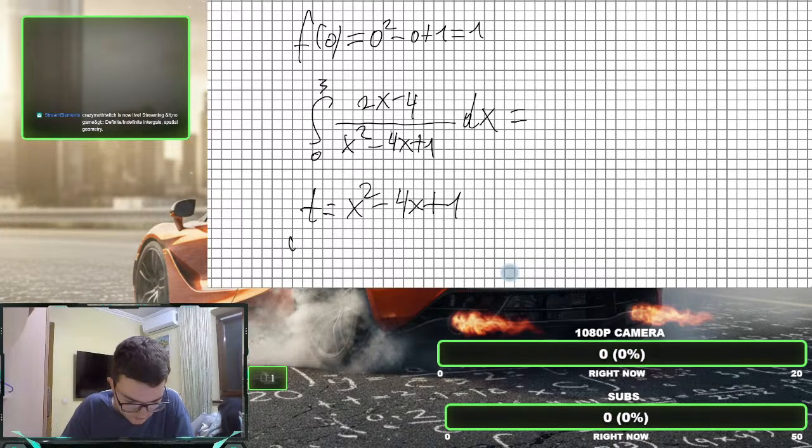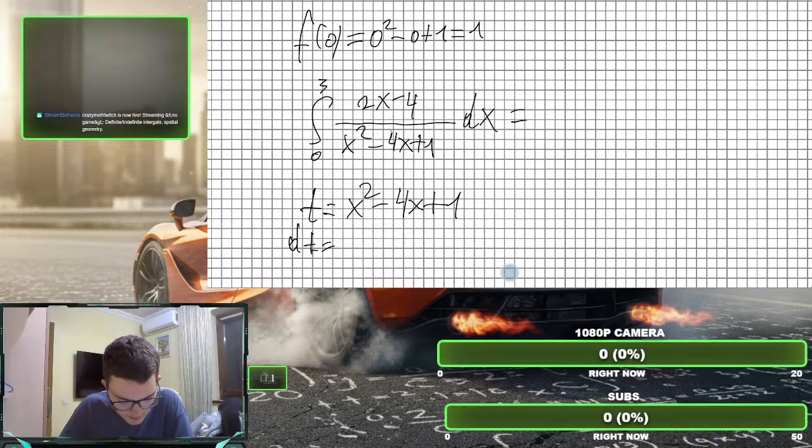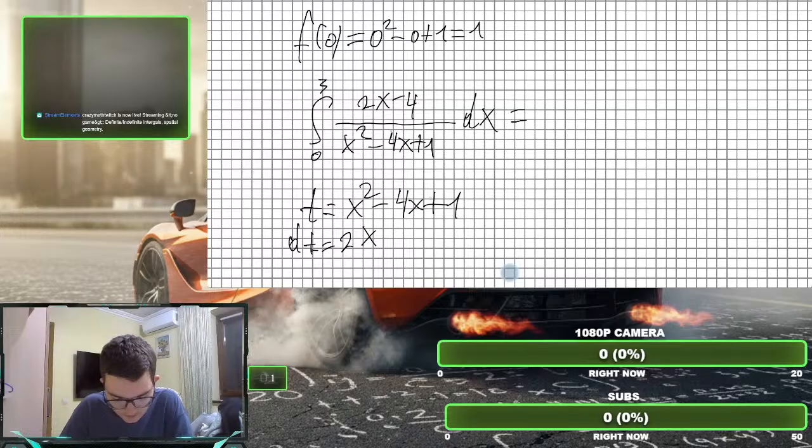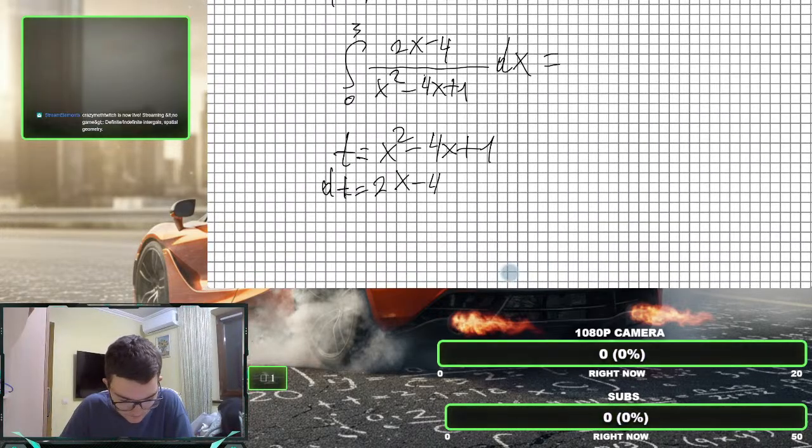and now differentiating with respect to t, what will I have? Essentially 2x, and there's minus 4x, so just minus 4, and dx.